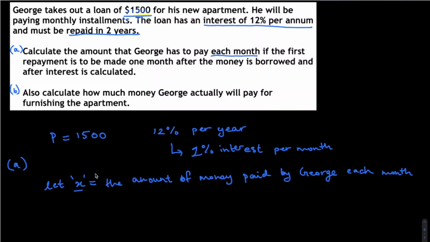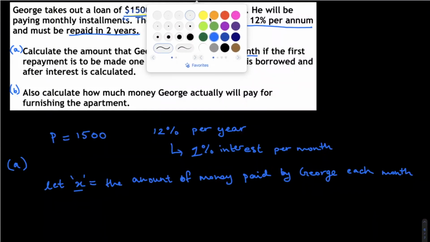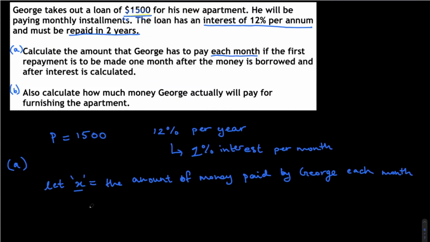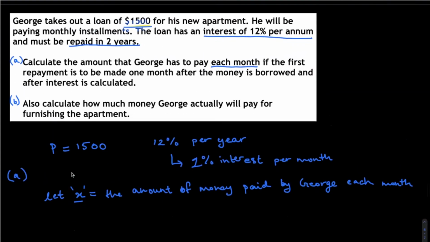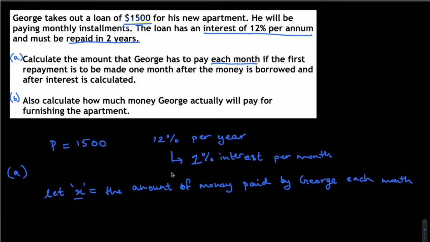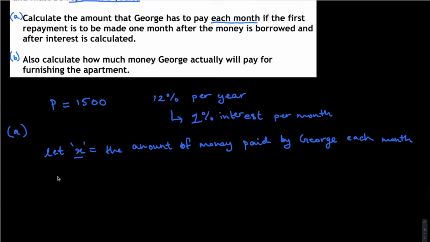All right. Okay. So now let's get an idea of exactly what the question is telling us. All right. So let's take this as orange. So what's happening here is that after every month, there's some interest being put on, and then George gets rid of some of the debt, right? So basically, what's happening is a 1% interest is being put on. So let's put a 1% interest on 1500.